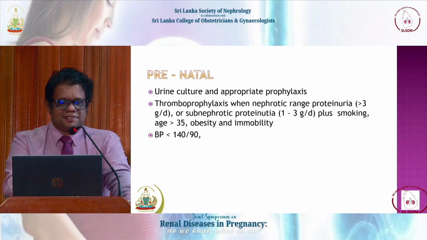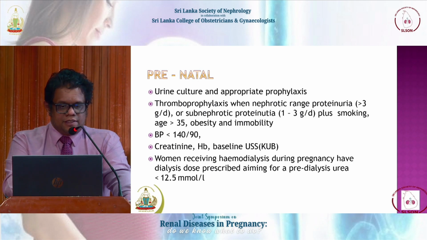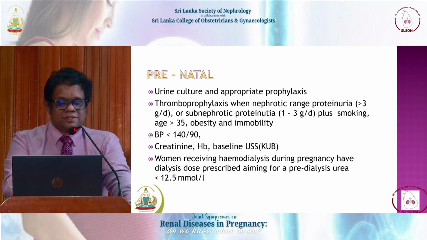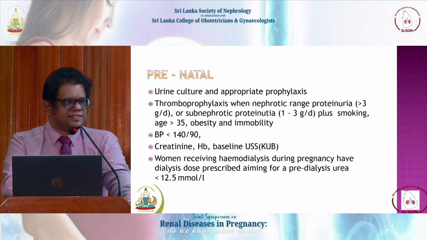Blood pressure target is less than 140/90. Creatinine, hemoglobin and a baseline ultrasound scan of the KUB for comparison. Women receiving hemodialysis during pregnancy have the dialysis dose prescribed aiming at lower pre-dialysis urea levels, less than 12.5 millimoles per liter, 15 in some guidelines.